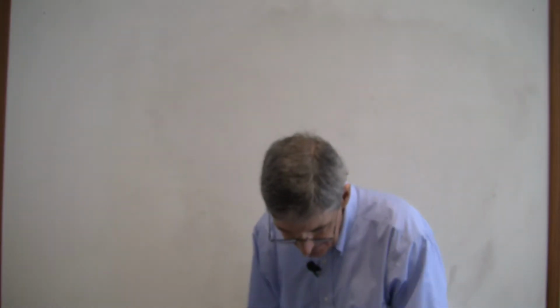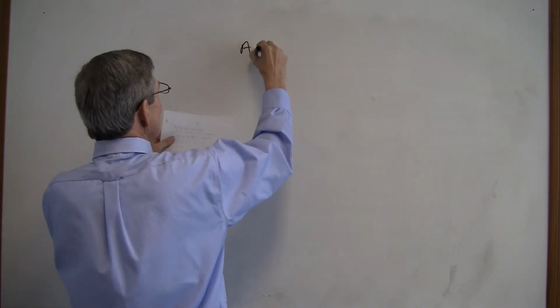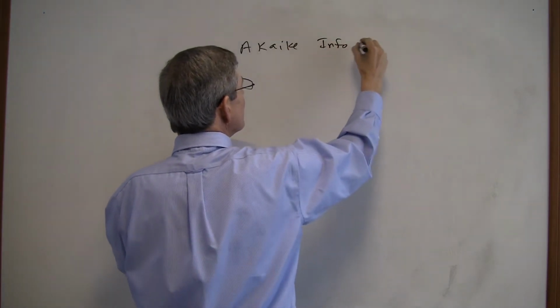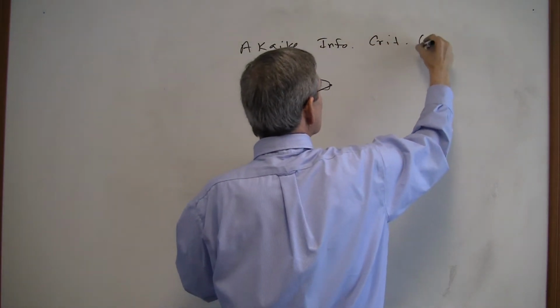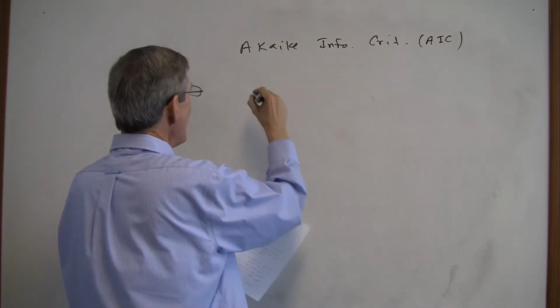So there's an alternative called the AIC that does that. The AIC, the Akaike information criterion, this is the one that's mostly used in practice.